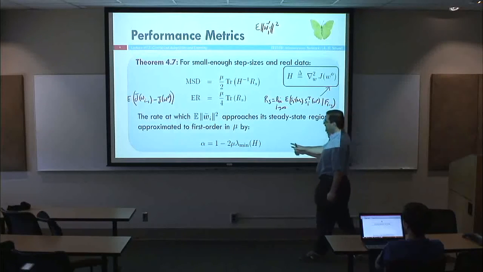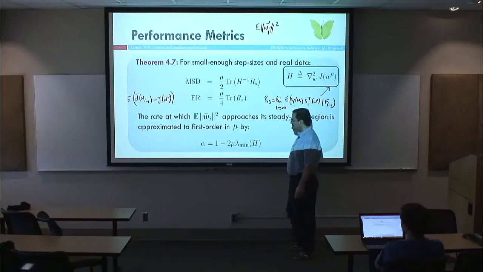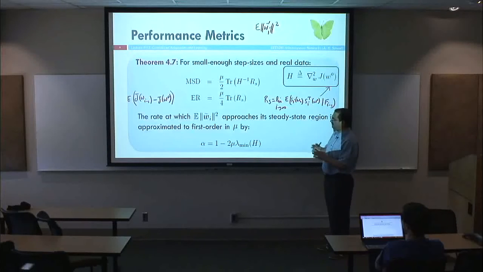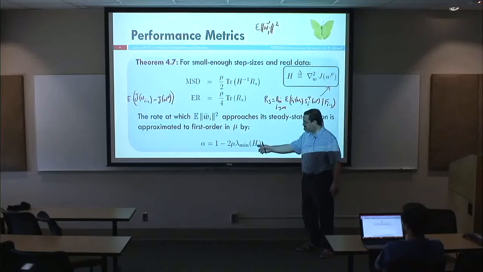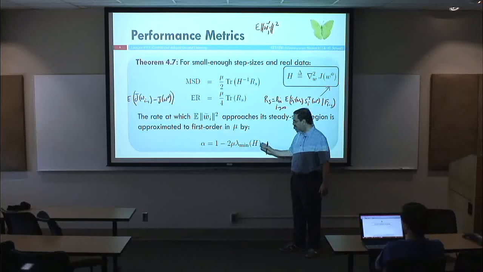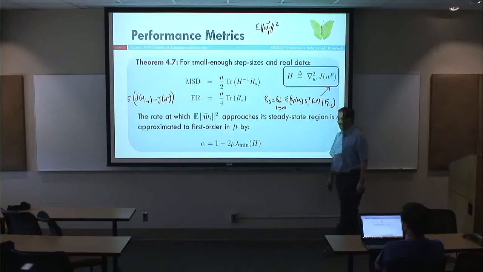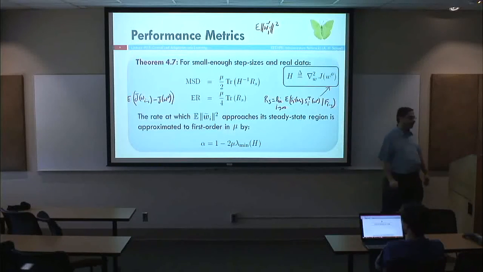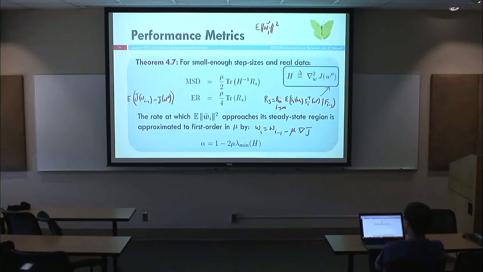The convergence rate, the rate at which the mean square error approaches this steady state value, is given to first order in mu by this expression here, 1 minus 2 mu lambda min of H. So this is what we derived last time for a single agent running a stochastic gradient algorithm on its own, implementing this recursion here. Gradient relative to w transpose, and similarly for the complex case where you compute the gradient relative to omega star.